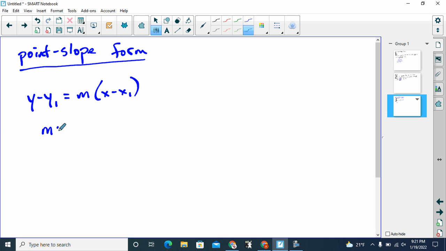M is slope, just like it's been for the last couple weeks. And then the other thing we need is (x1, y1). (x1, y1) is any point on the line. Any point on that line can go in for (x1, y1). So notice I have a point and a slope, which is why it's called point-slope. We will use this if I don't know the y-intercept. If I know the slope and I know a point, but I don't know the y-intercept.